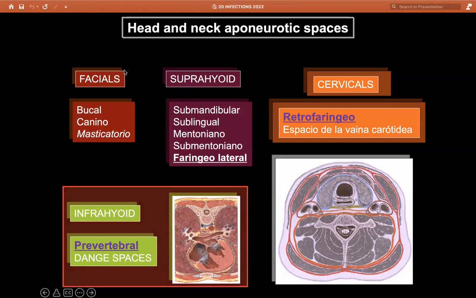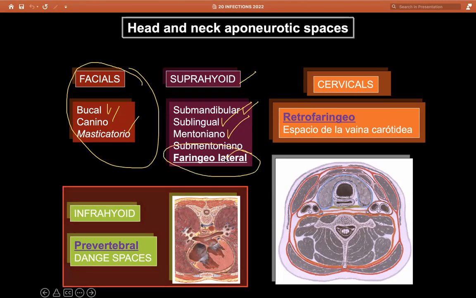We have the facial spaces, which are normally an infection that is not too aggressive: buccal, canine, and masticatory spaces. We have the suprahyoid infection, and the ones I showed you were submandibular, sublingual, and mentonian infection, but it didn't reach the lateral pharyngeal, which is a danger space as well, with the infrahyoid and the prevertebral, which are the more aggressive infections.